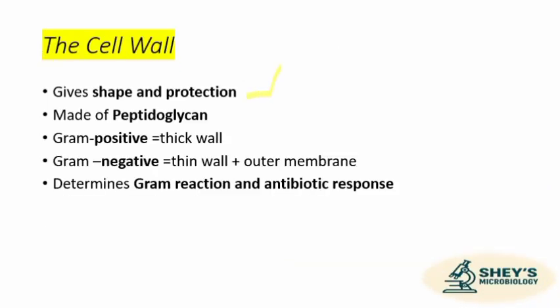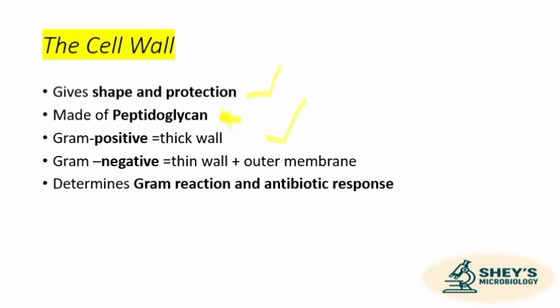It's like the bacterial armor. It gives the cell its shape, protects it from bursting, and helps it survive in different environments. The wall is made of something called peptidoglycan, which is unique to bacteria, and that's actually a big deal because many antibiotics like penicillin attack peptidoglycan.